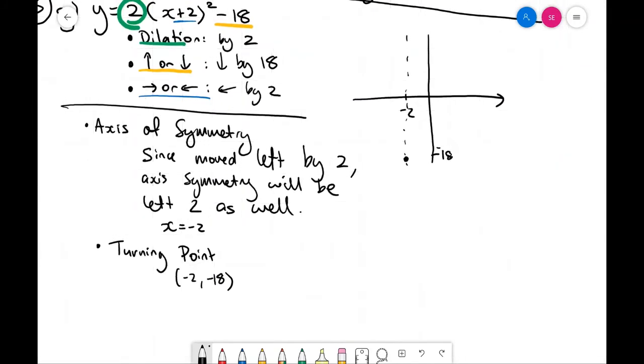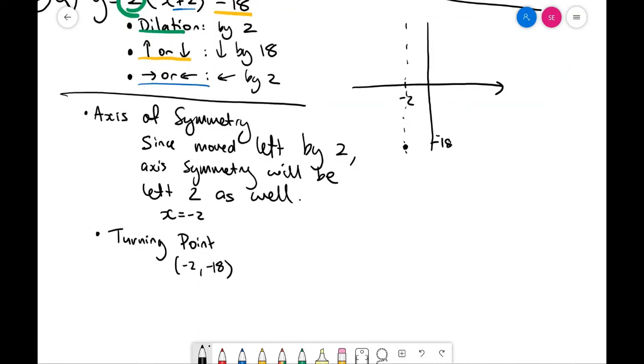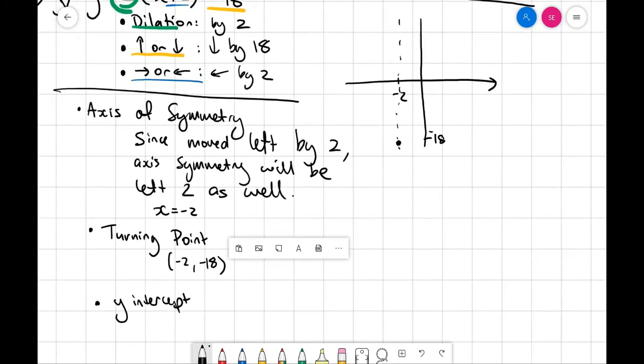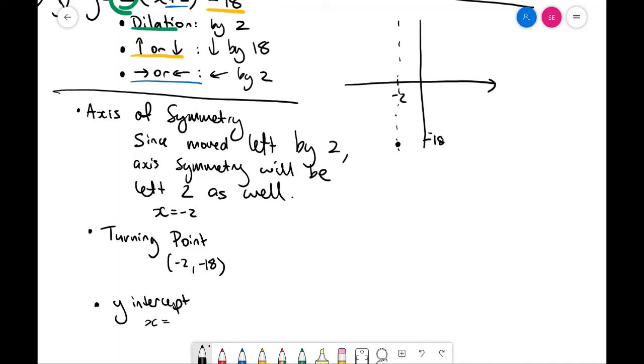Now, what else do we need to do? Let's get some intercepts. Let's look at the y-intercept first. So remember, the y-intercept is where x is equal to 0. So actually, I'll do it up here.